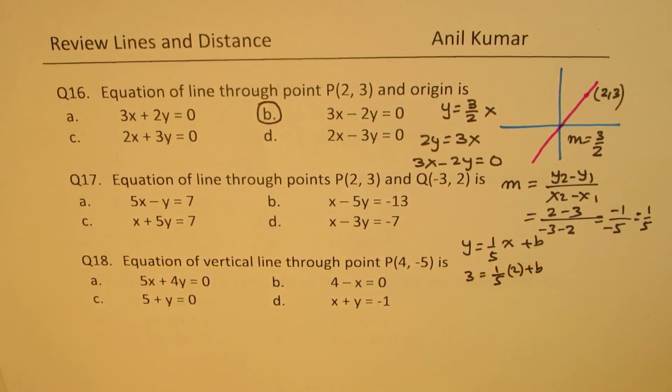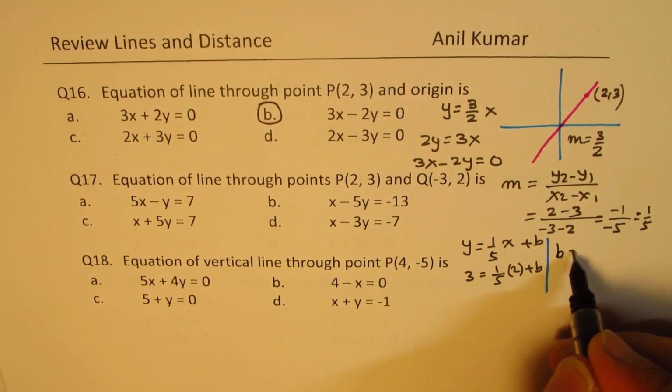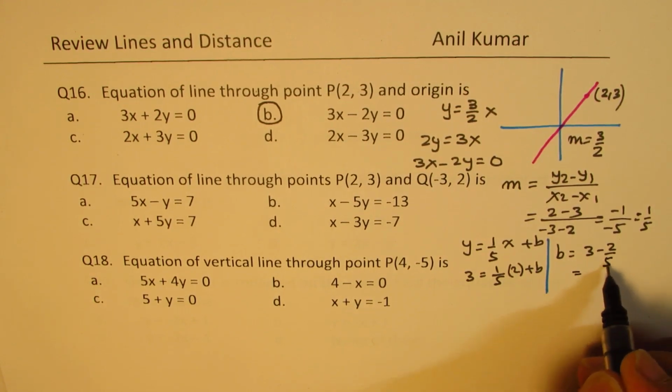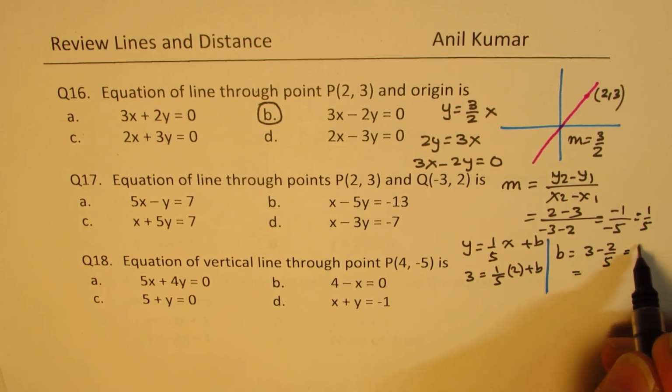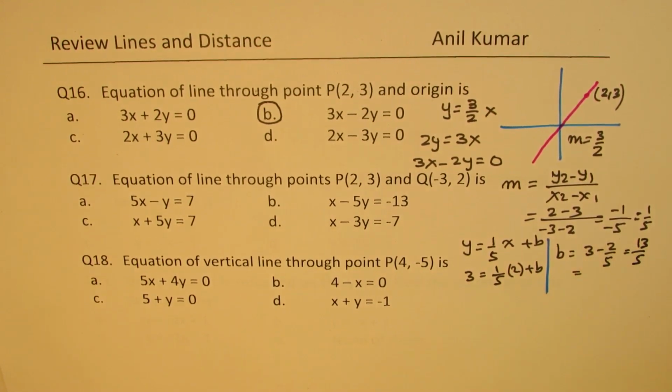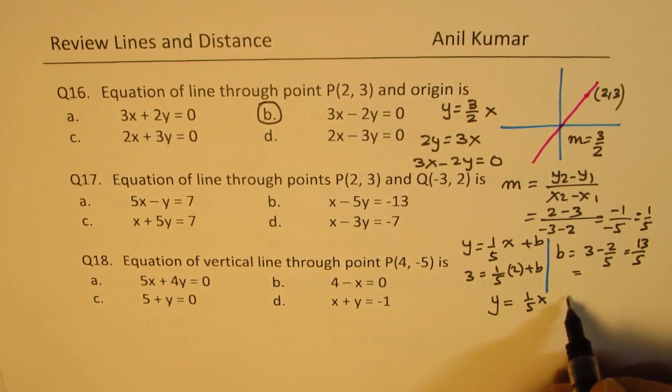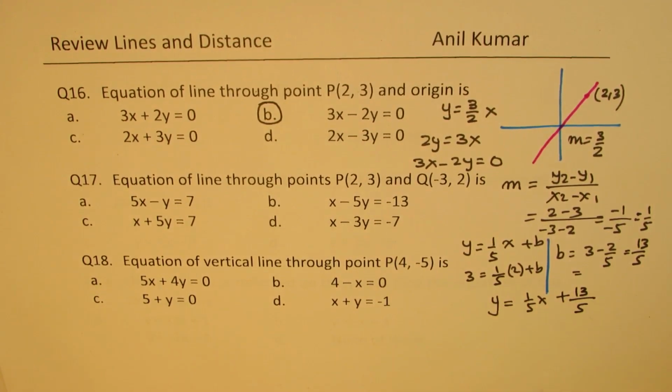So from here we can find what b is. So b is equal to 3 minus 2 over 5, which is 15 minus 2, that gives us 13 over 5. So that becomes the value of b. Therefore, we get the equation as y equals 1 over 5 x plus 13 over 5, correct?